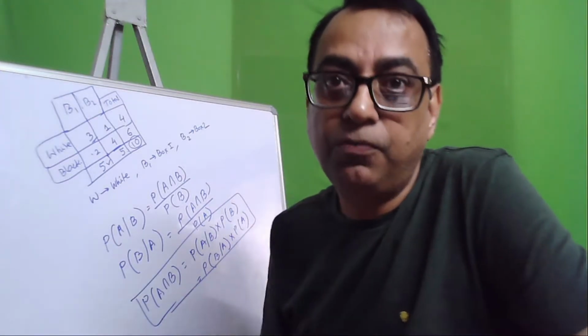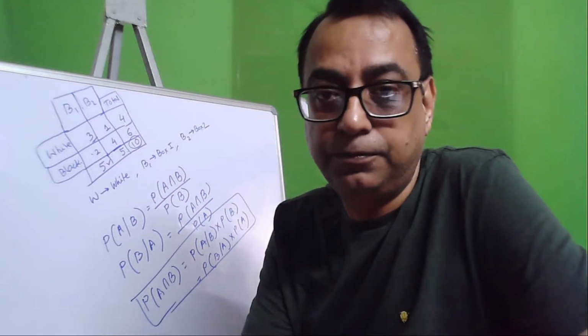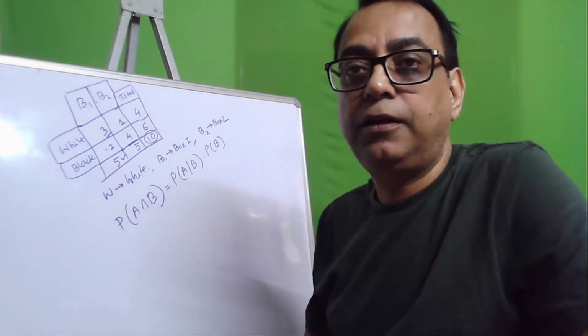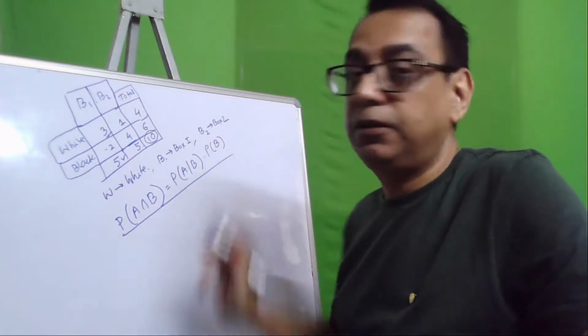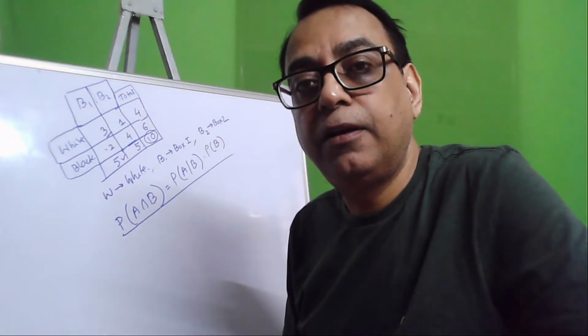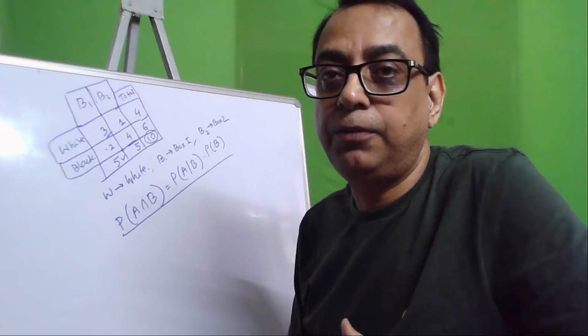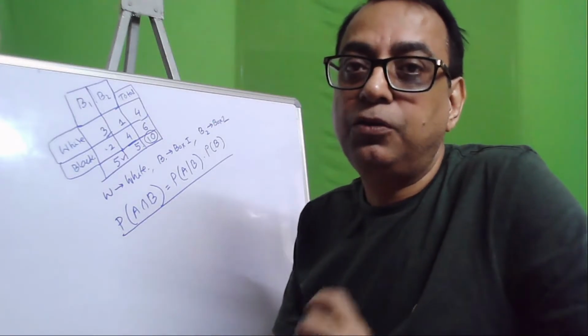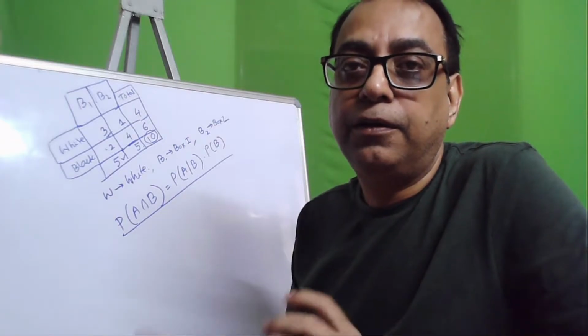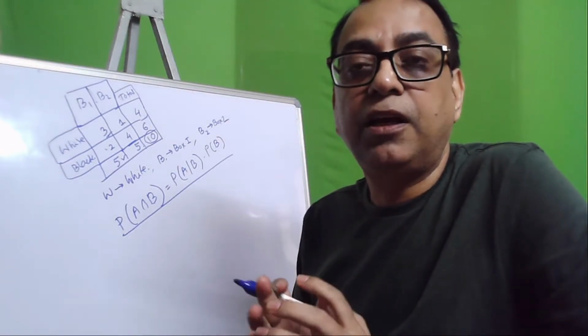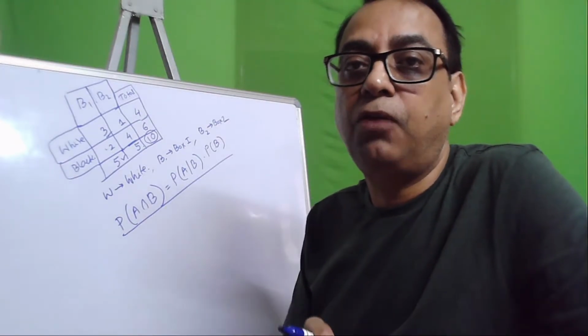Now there is one more interesting part. We have shown that probability of A intersection B is probability of A given B into probability of B. Two events are called independent if the given condition does not impact the outcome of the event.